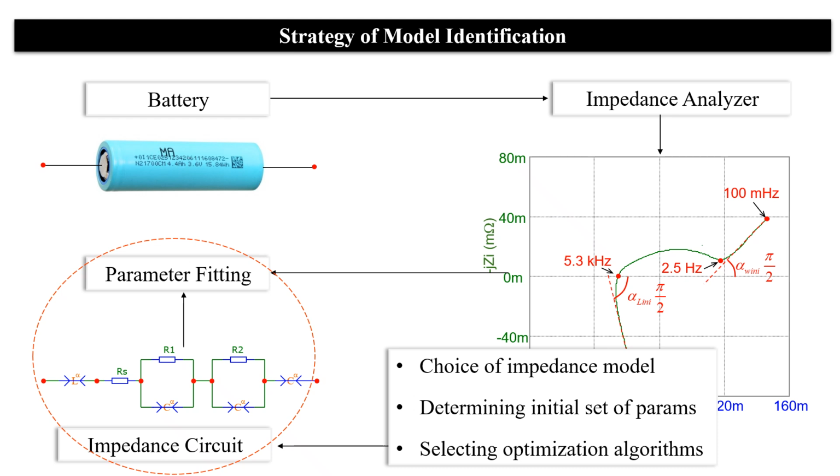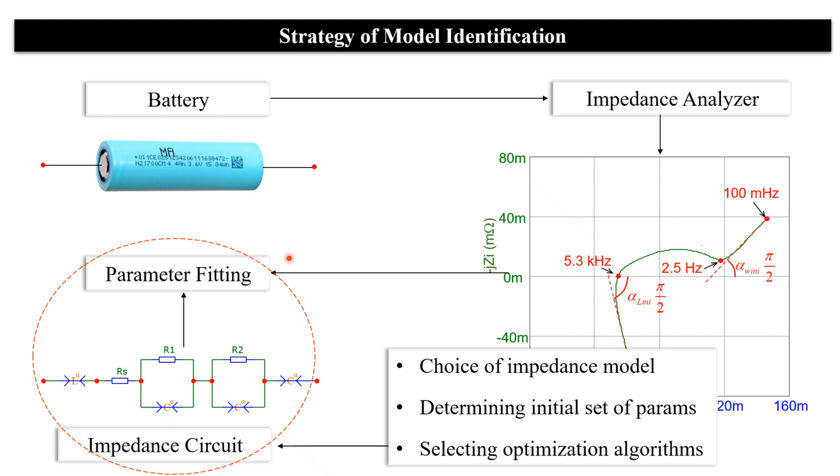Regarding the strategy of model identification for batteries, we first measure the battery using an impedance analyzer. We obtain this Nyquist characteristics from which we can estimate the initial set of parameters for our model.